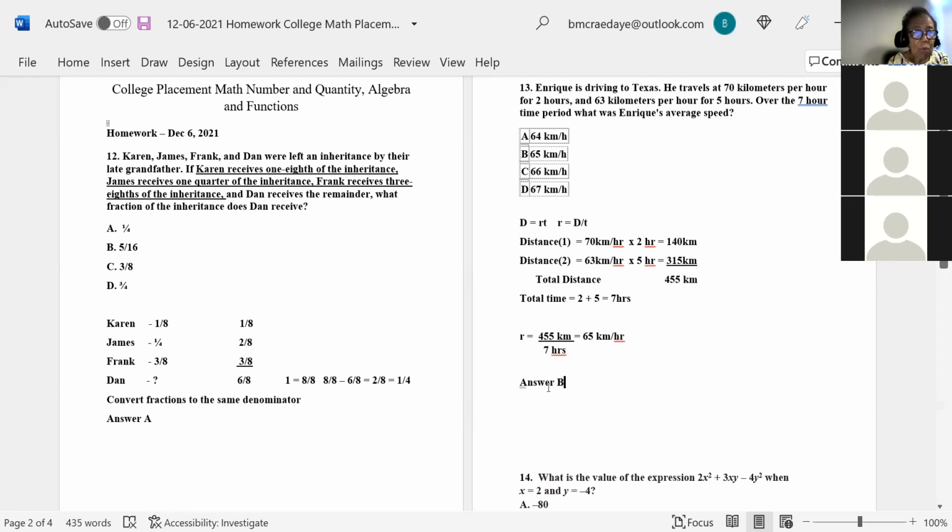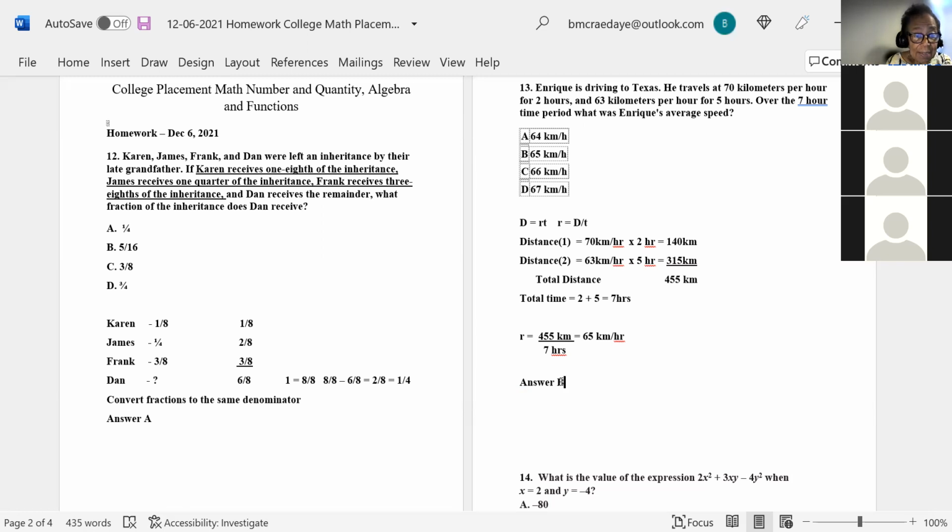So we're given someone, Enrica, who is traveling at 2 different speeds for 2 different times, and we want to find his average speed. We have to find how far he traveled in those 2 times and how many hours it took. Over the 7 hours, that came from adding the 5 hours for one part of the trip and 2 hours for the other.